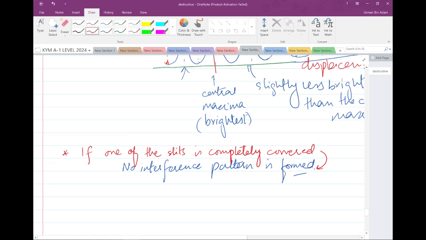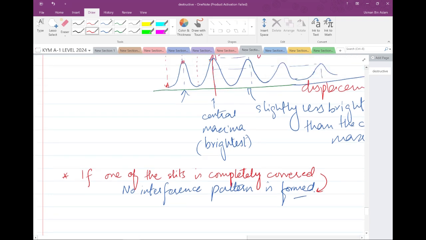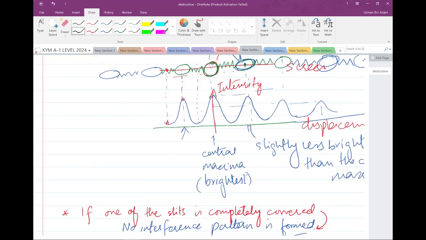Okay, there is something else I'd like to add to this graph. Wherever there is a dark fringe or a minima being formed, there the intensity is minimum but not zero.